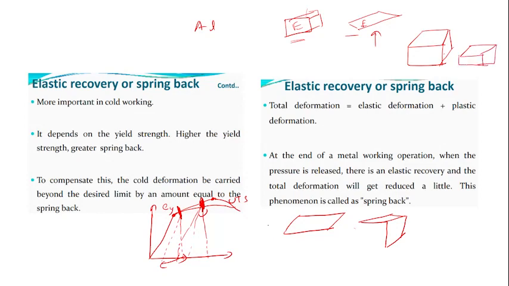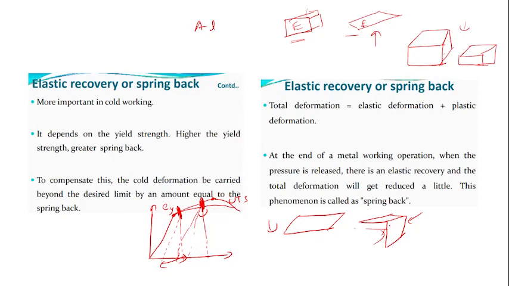One thing we know, this will take less force, and this will take higher force to get deformed, right? But after your yield strength, if you apply a little force only, you'll be able to deform this, right? But you applied as much force as will deform it into this shape.